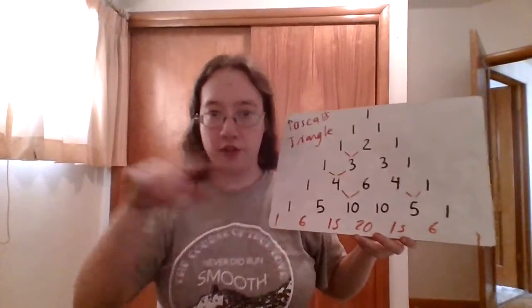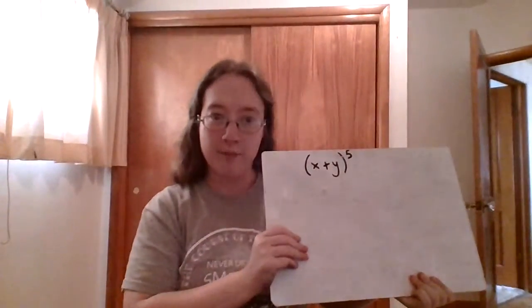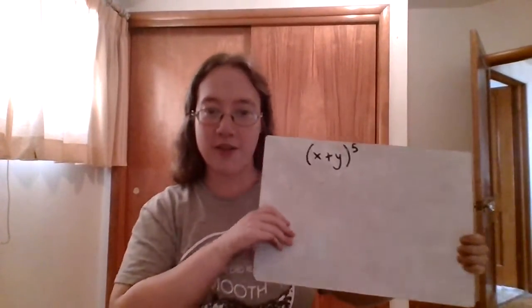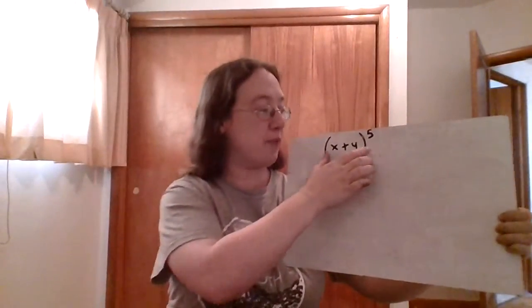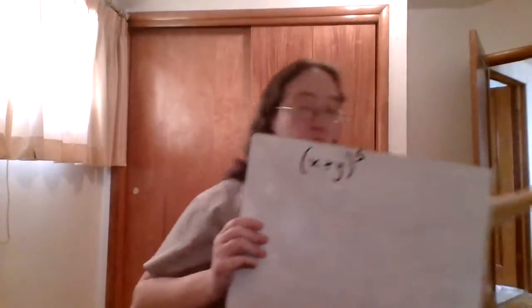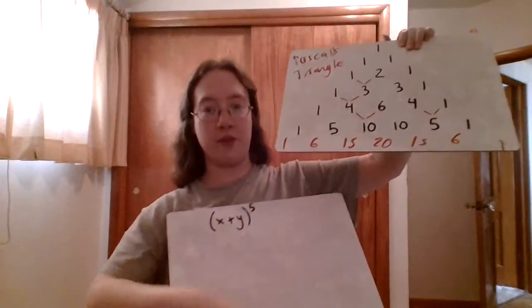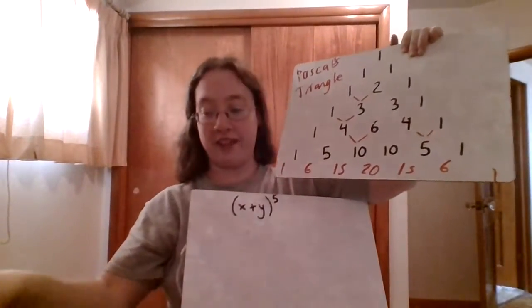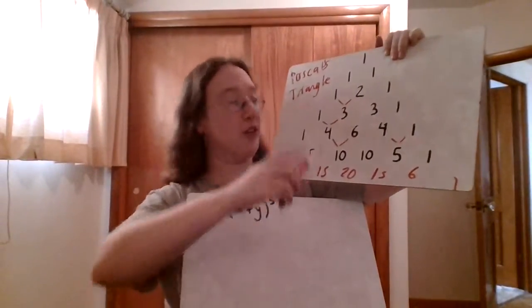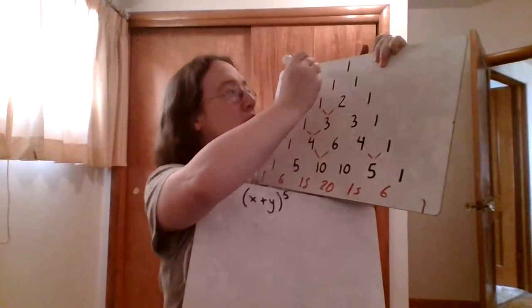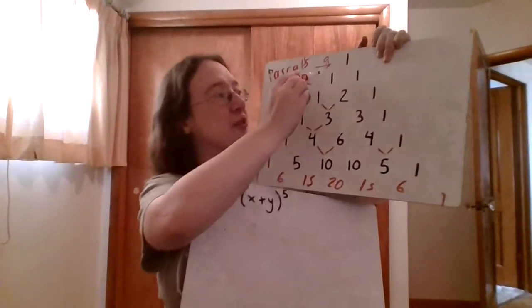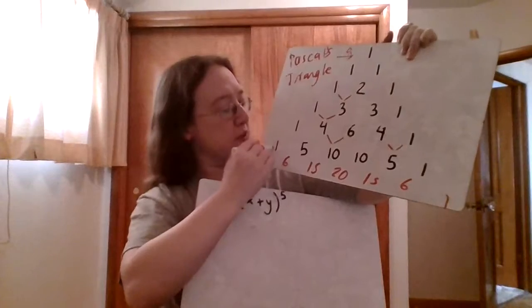Now, what this is good for is if we have a binomial and we're expanding it. Turns out that if we're taking something to the fifth power, your coefficients, or the numbers in front of your variables, end up being the same as the fifth row of your triangle if you're counting this as row 0. So this is like row 0. This is actually the first row, second row, third row, fourth row, fifth row.